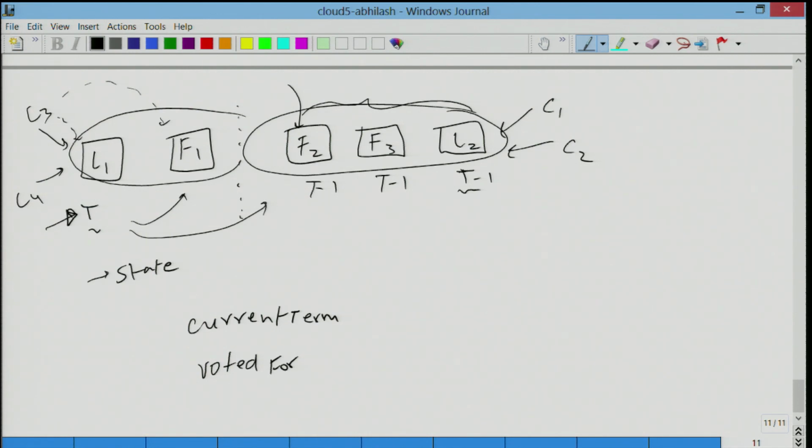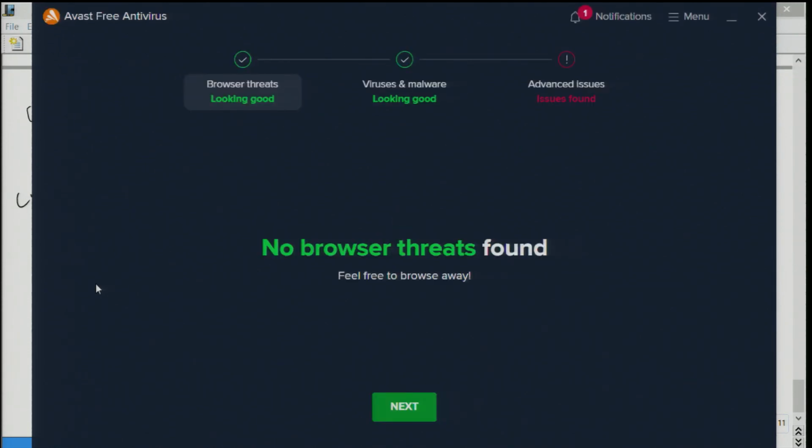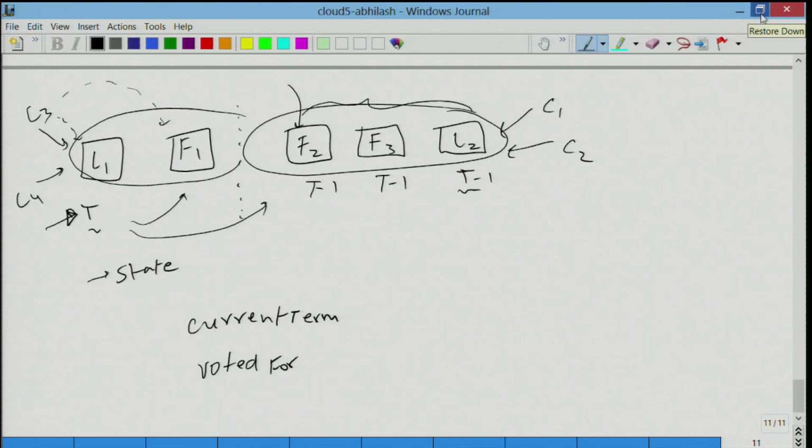Okay, question for you. Can the current term and voted for be kept in memory, or do they have to be kept on disk? Disk. Why disk? Because if network partitioning happened, then you might lose that information.